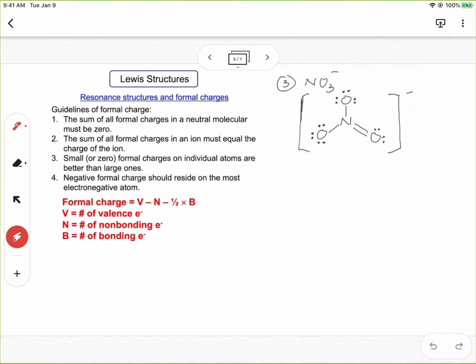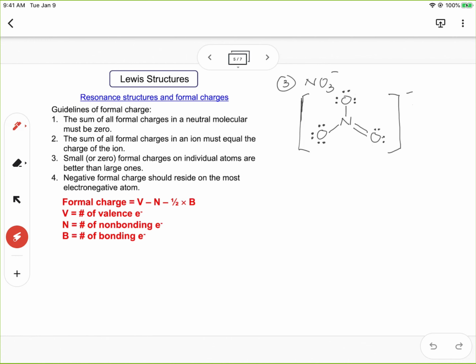Let's take a look at nitrate, NO3 minus, and this is the Lewis structure of this anion. Remember when we drew the Lewis structure of NO3 minus and came up with the double bond, we said that it doesn't matter which oxygen shares the lone pair to form a double bond, right?